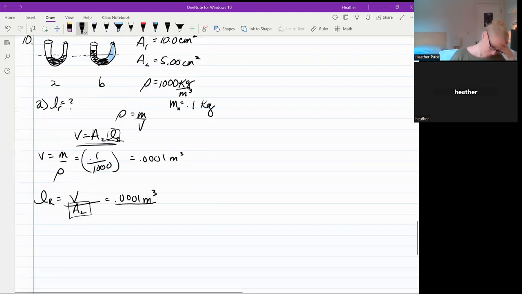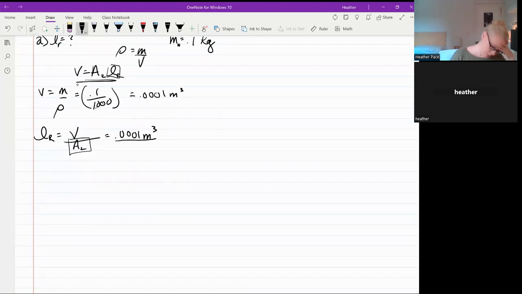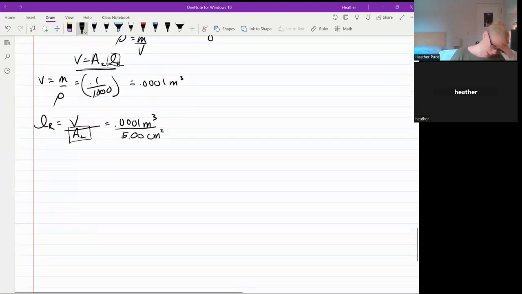So when I enter A2, which is 5.00 centimeters squared, these don't match. So we need to change centimeters to meters, because SI says meters.